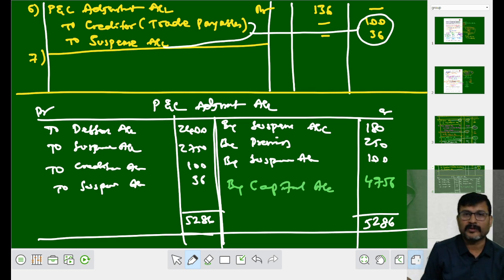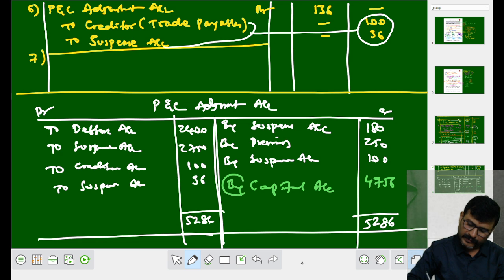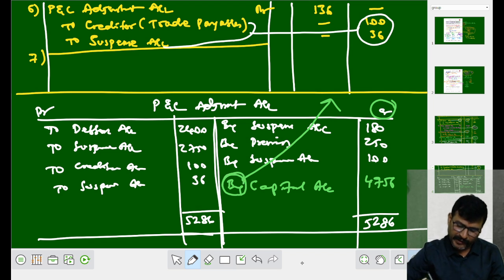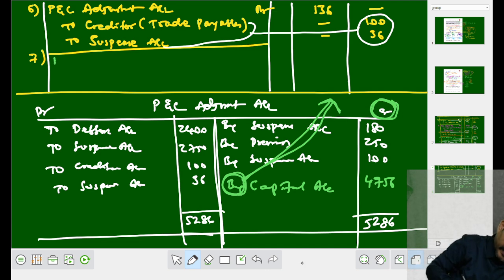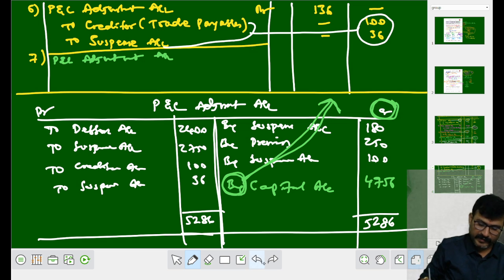Transferred to capital account. When you have written by capital in the credit side of ledger, it becomes what? Debit side of journal. P&L adjustment account debit. Sorry, my dear student.